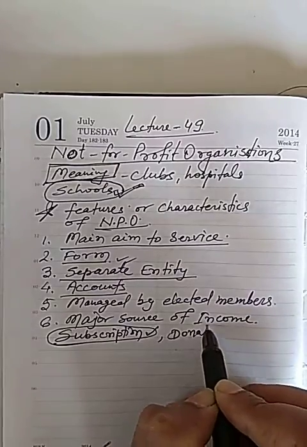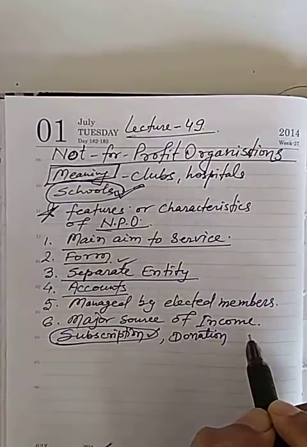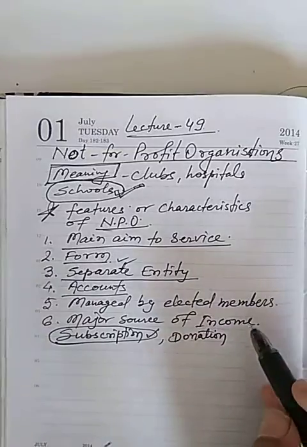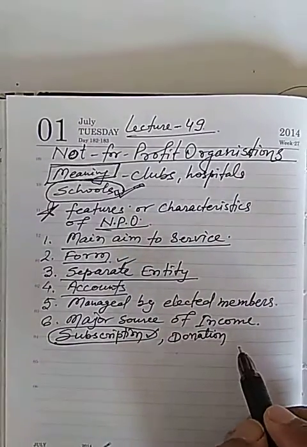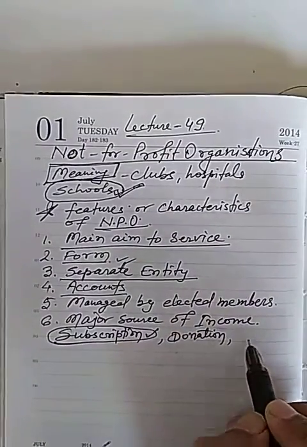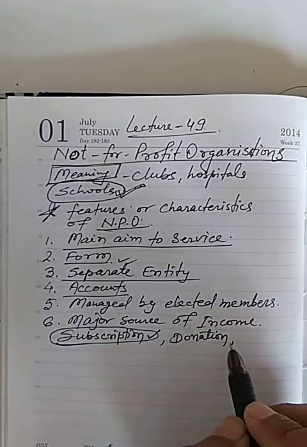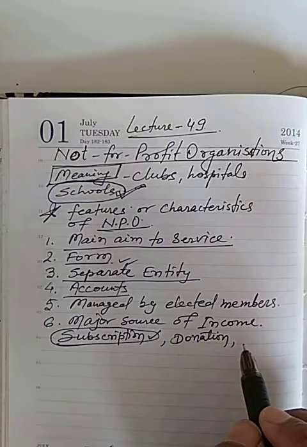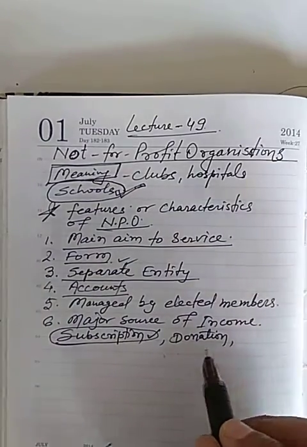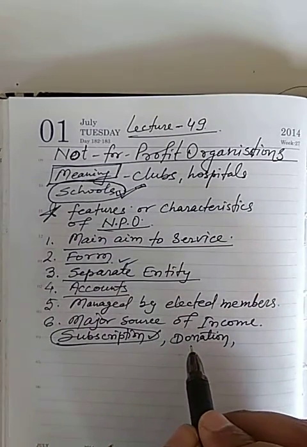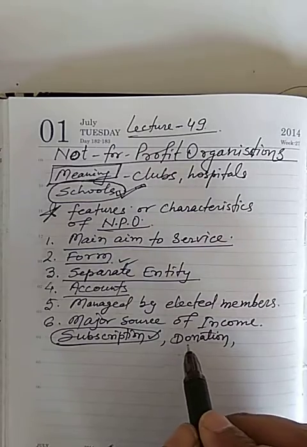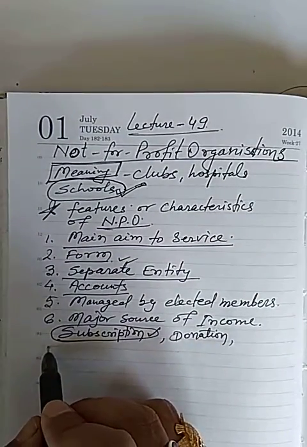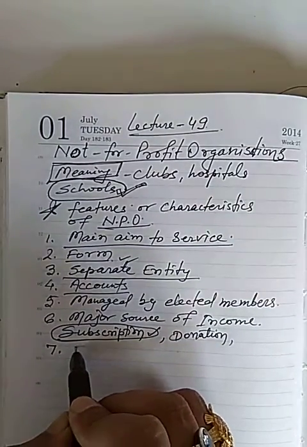Donation, financial assistance from government in the form of grant-in-aid, income from investment, etc. are the major sources of income.